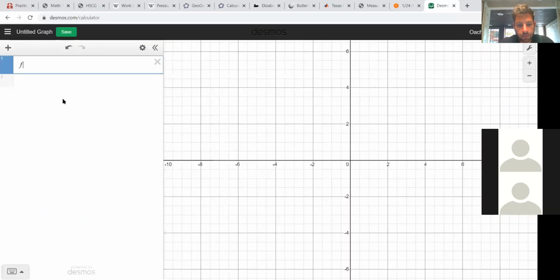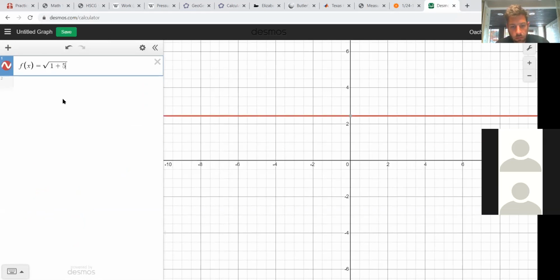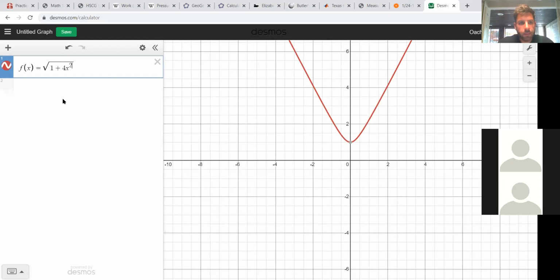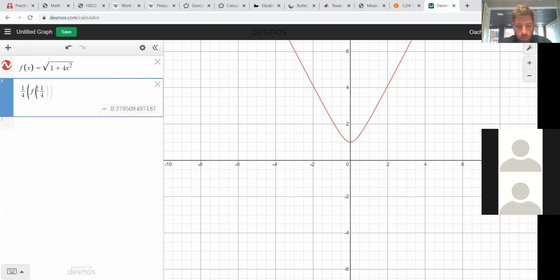If I go to f of x and I plug my function in, remember, the number I was looking for was 1/4 times f of 1/4 plus f of 1/2 plus f of 3/4 plus f of 1.